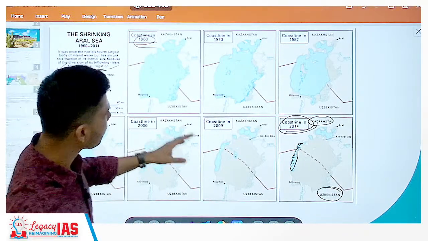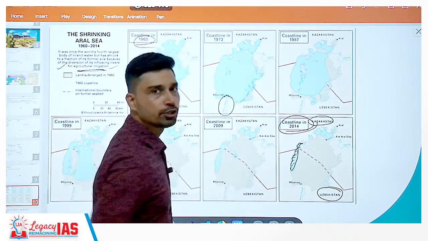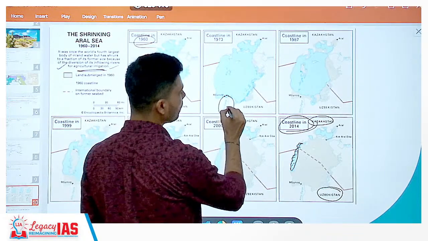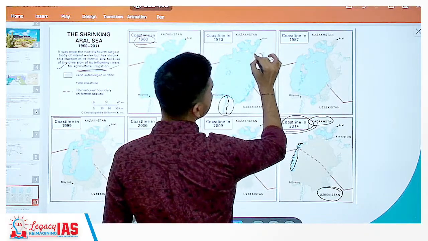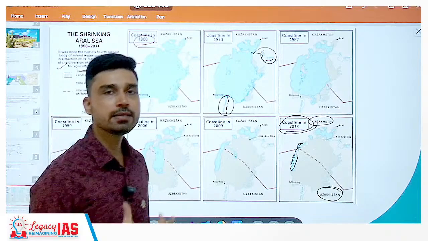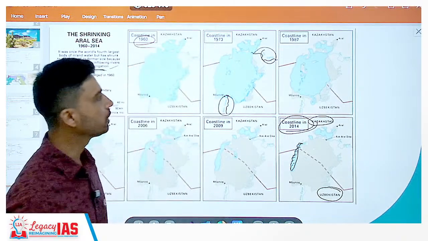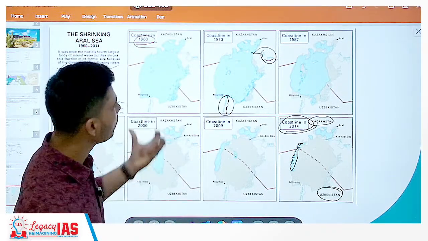Again, if you look at the map here, two major rivers used to flow into the Aral Sea and supply water to it. From the south you have the Amu Darya river, and in the north you have the Sir Darya river. As long as the Amu Darya and Sir Darya were able to supply water, the Aral Sea remained filled with water.